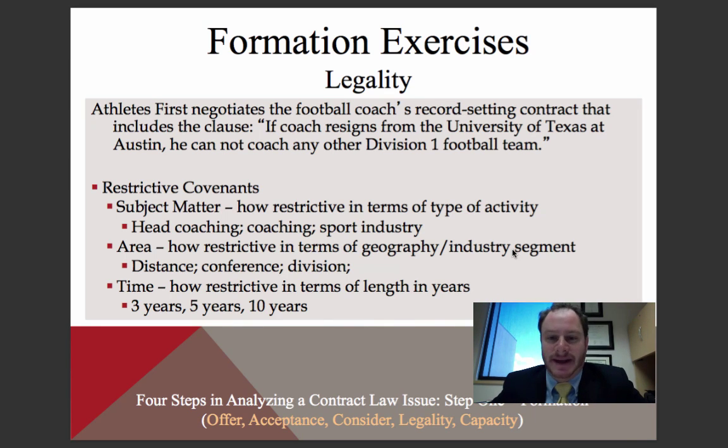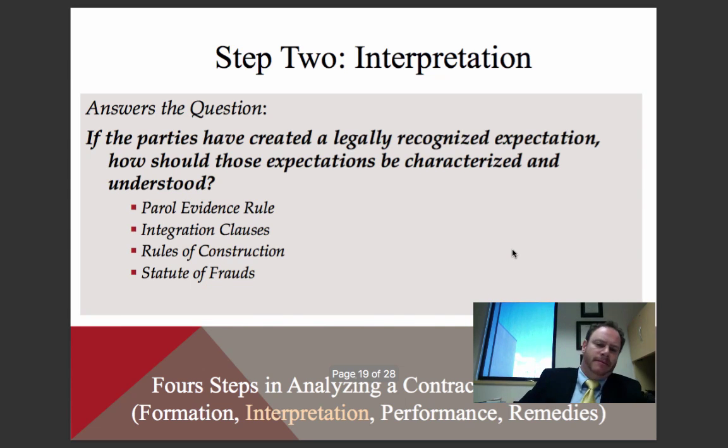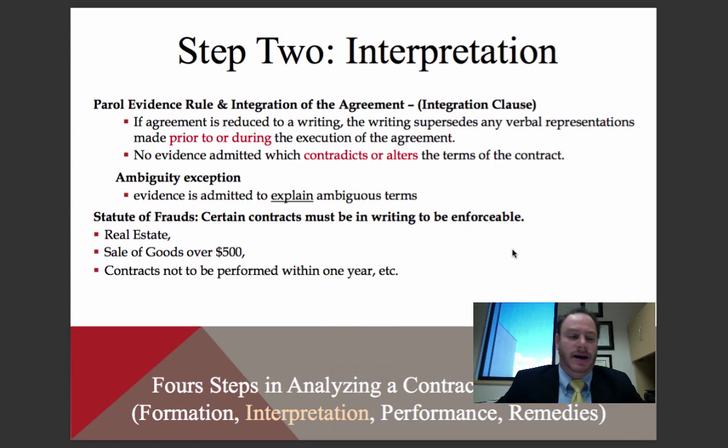Well, does that mean that it's forever, or is it for a specific period of time? So the coach that is curious, wants to challenge that, might say, well, we don't know what the time element was because it was left out, and was that done on purpose or was that done by accident?